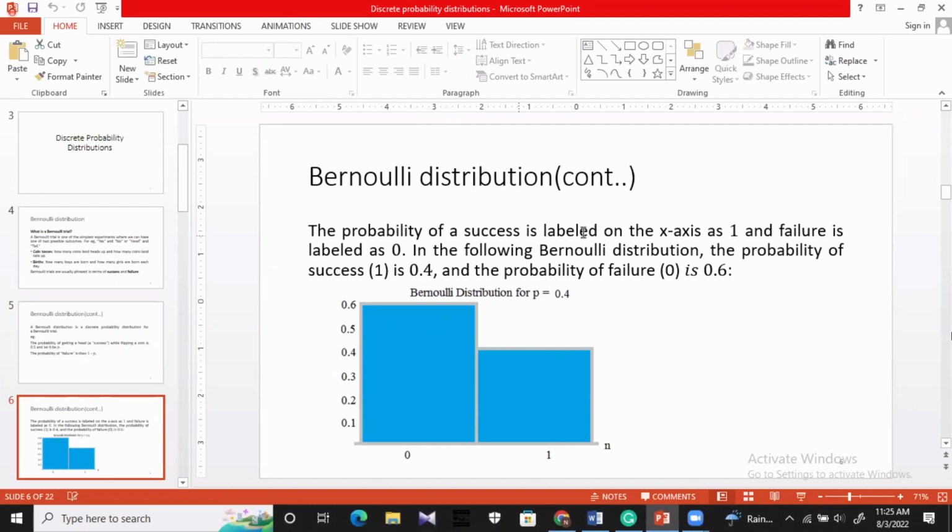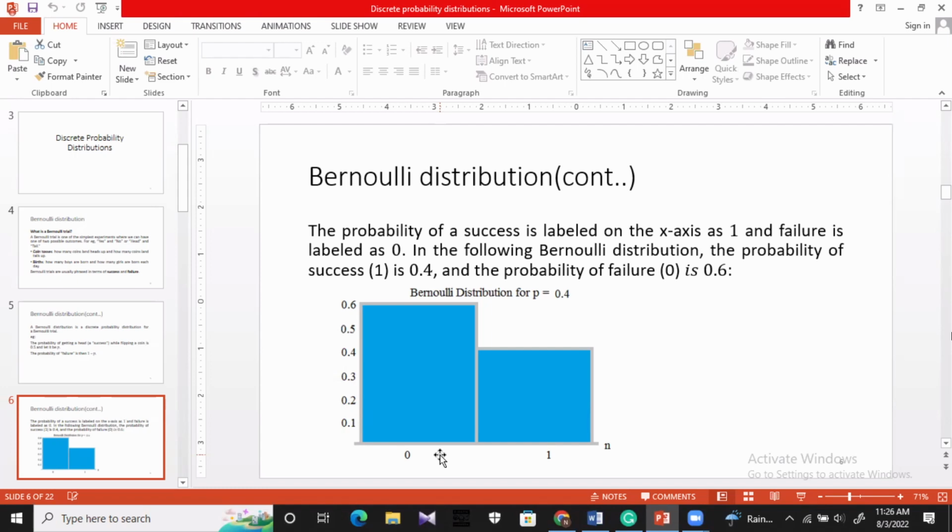The probability of a success is labeled on the x-axis as 1 and failure is labeled as 0. Sometimes we label the success as 1 and failure as 0, not the probability.